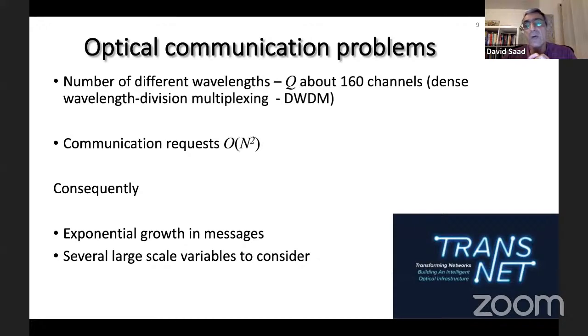That means that you want to connect from every node to every node to keep an open channel from every node to every node. So computationally, this becomes really difficult because as a consequence, we have an exponential growth in the number of messages, and we have several large-scale variables to consider, and we cannot simply reduce all of them to depend on a single entity.